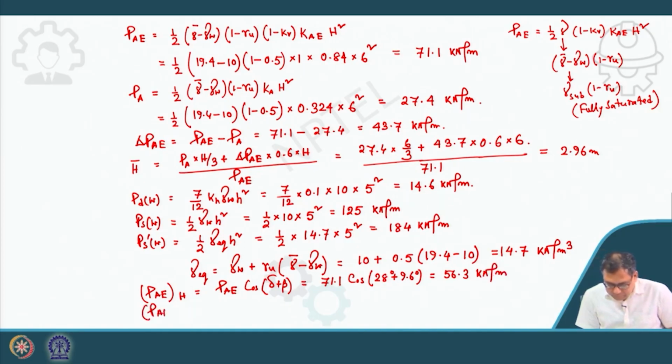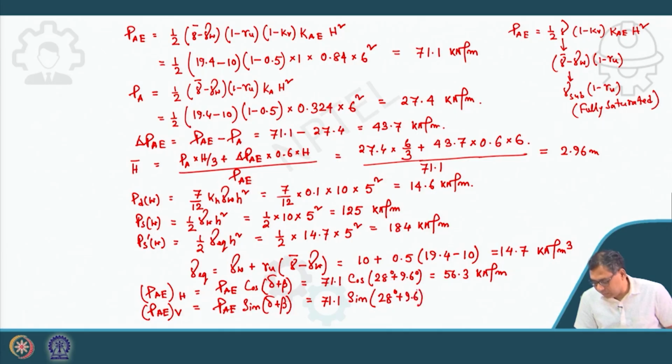Similarly, PAE vertical direction, that is PAE into sine delta plus beta, that is equal to 71.1 into sine 28 degree plus 9.6 degree. So, this is 43.4 kilonewton per meter. So, all the forces are being calculated, their point of applications is known. Now, I will calculate this sliding.